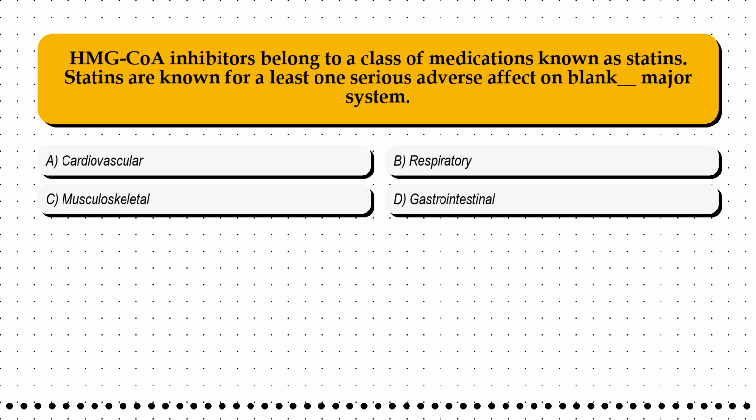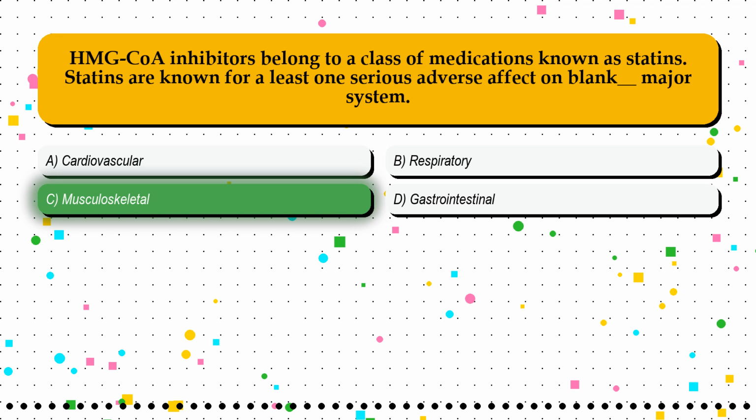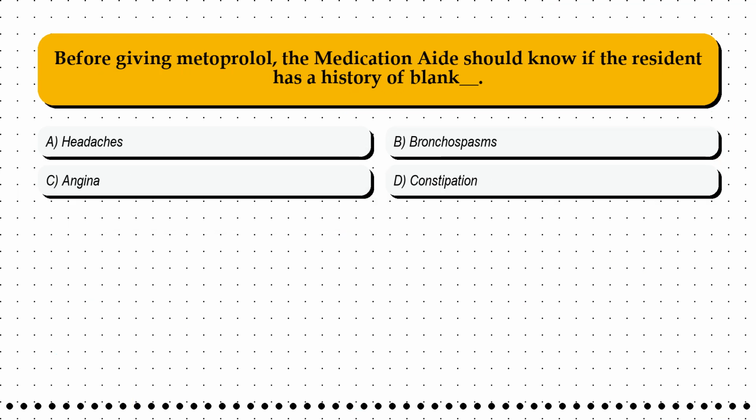Statins are known for at least one serious adverse effect on blank major system. Option A, cardiovascular. Option B, respiratory. Option C, musculoskeletal. Option D, gastrointestinal. The correct answer is option C, musculoskeletal. Question 263. Before giving metoprolol, the medication aide should know if the resident has a history of blank blank. Option A, headaches. Option B, bronchospasms. Option C, angina. Option D, constipation.